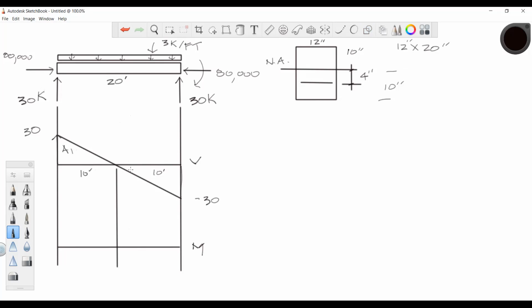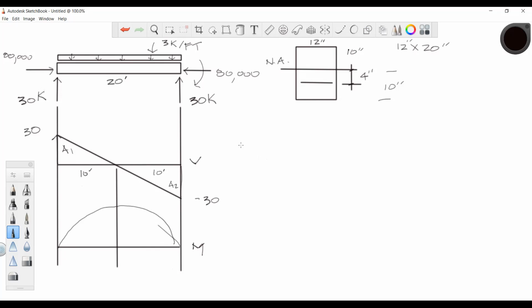So we got area 1 and area 2. We're going to start out at 0. Since this is diagonal, I know that I'm going to be going up parabolically. And then this has to come back down parabolically, and it has to go to 0, right?